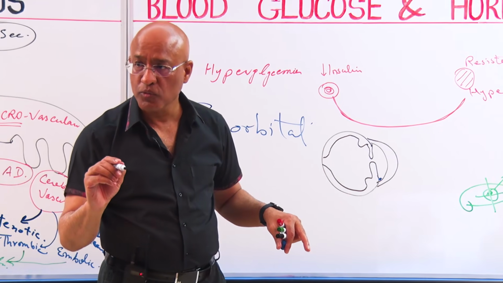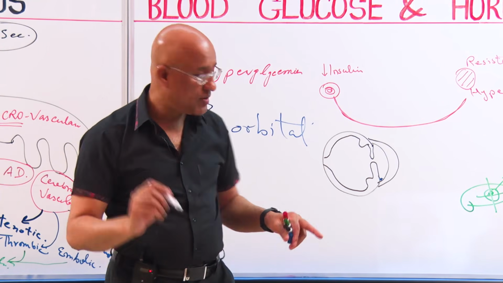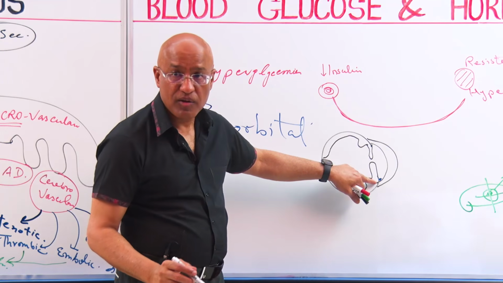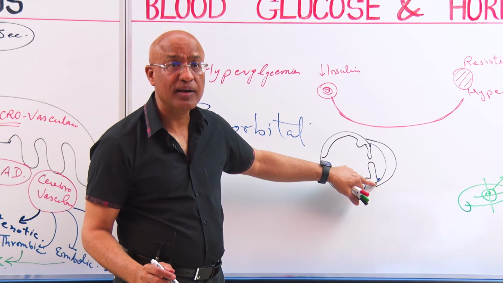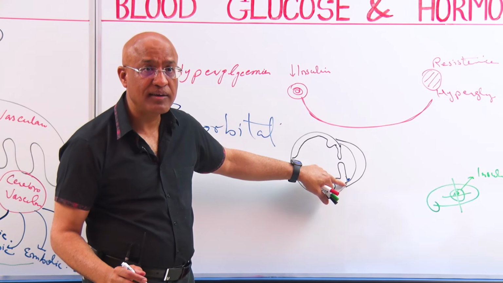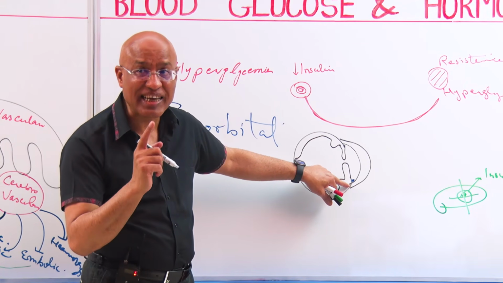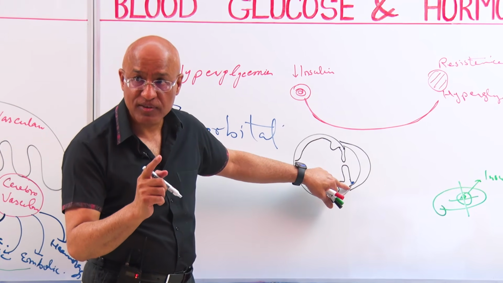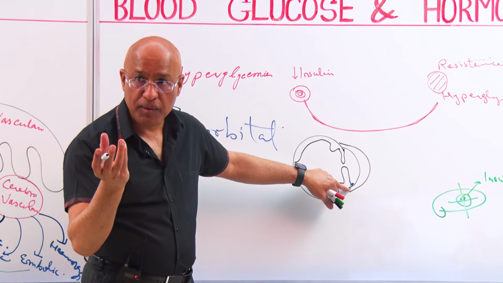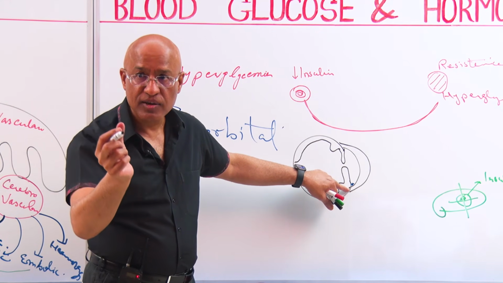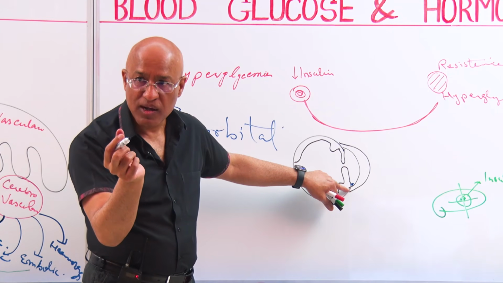aqueous humor, right? At this angle in trabeculi, two types of problem can occur. Number one, advanced glycated products, and trabeculi become thick and drainage slits become narrow, and you develop glaucoma.